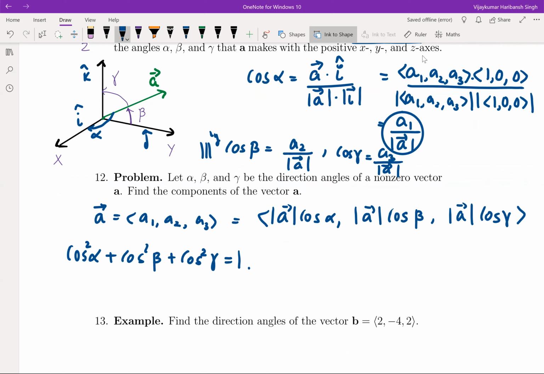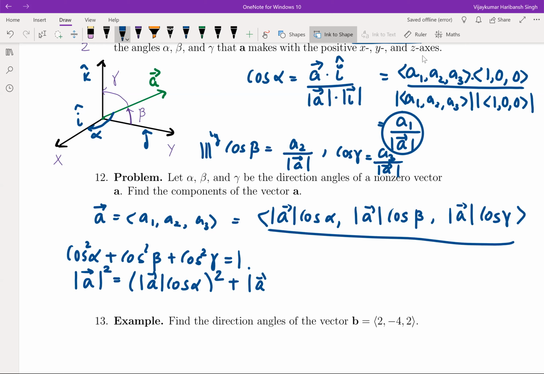Now to see the proof of this, it's not hard. Why? Because length of A square is going to be length of A cos alpha, the whole square, plus length of A cos beta, the whole square, plus length of A cos gamma, the whole square.